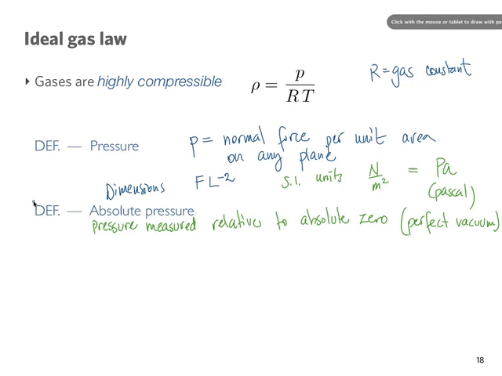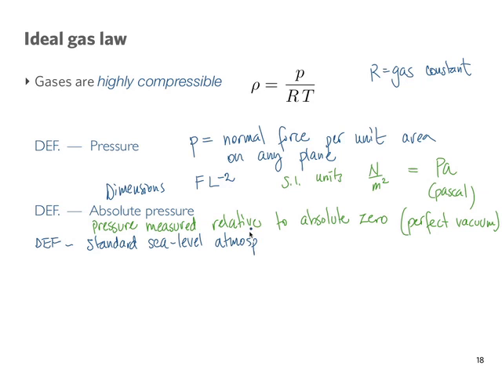So I forgot one here in my list, which is the definition of a standard sea level atmospheric pressure, and that is in Pascal 101.33 kilopascal, or in PSI it's 14.696 PSI.